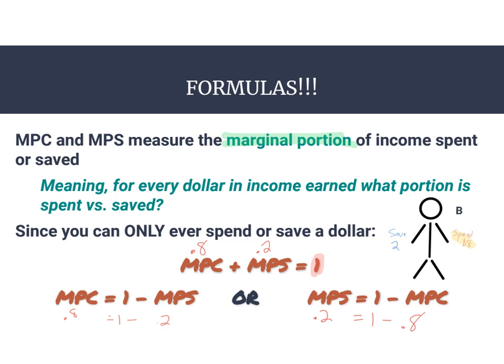But it's important that you understand what the MPC and MPS are telling you. Like if I told you the MPC is 0.8, then you should know that for this person or in this economy, for each dollar of income earned, people spend 80 cents. That's essentially what we're measuring when we identify MPC and MPS.